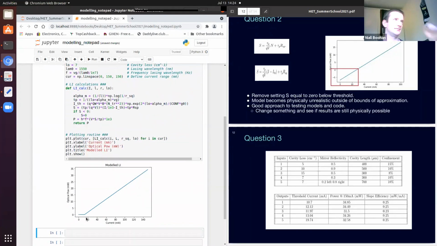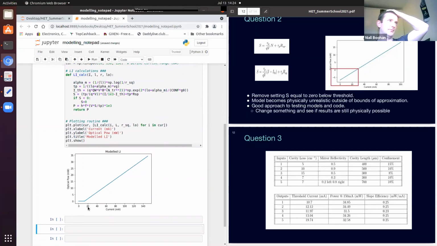Again, this is our LI that was output. So we know the threshold current, we can read it from the graph, or you can print it in Python as well. It's 13, maximum output power is 34. Again, a slope efficiency of 25%.